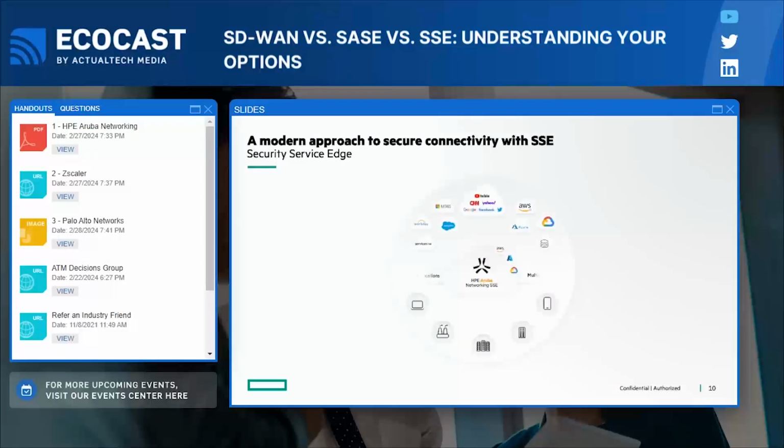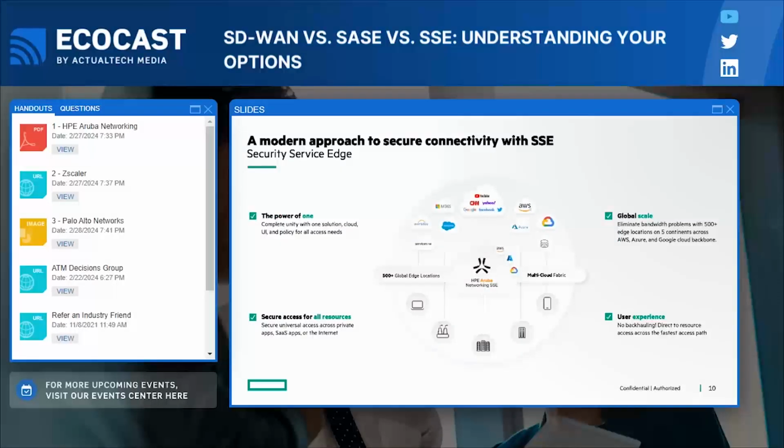So let's talk a little bit about our platform. It was built from the ground up with simplicity in mind. Complexity really does not make for good security design. So we have a single solution with a single UI, a single data lake, and a single reporting engine for all elements of SSE, built on a single code base from the ground up with zero trust at its core.